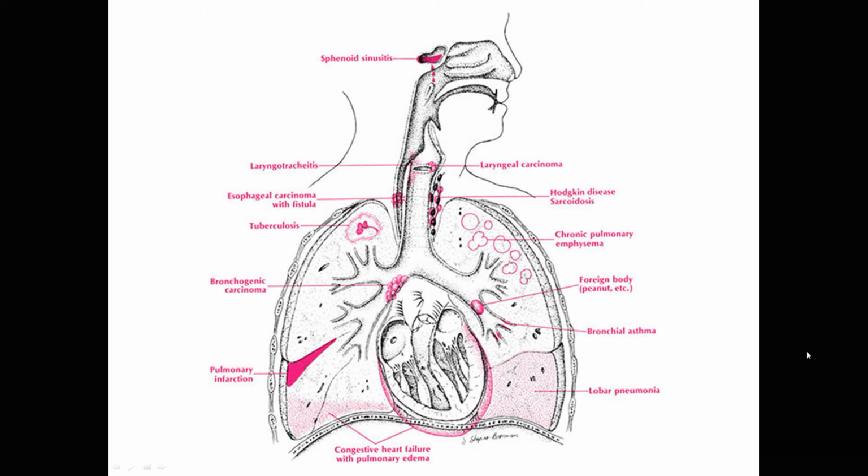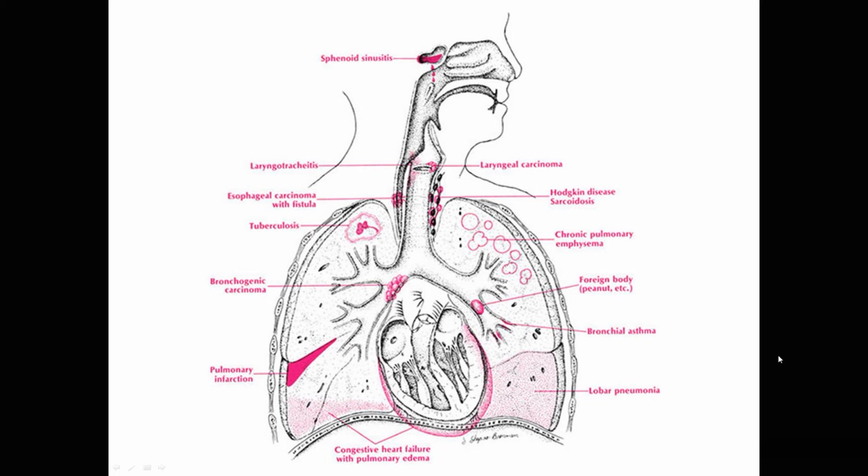Let's now consider the general mechanisms disturbing the respiratory function. First, the obstructive disorders. Obstructive disorders manifest by increased resistance to airflow as a result of caliber reduction of conducting airways.